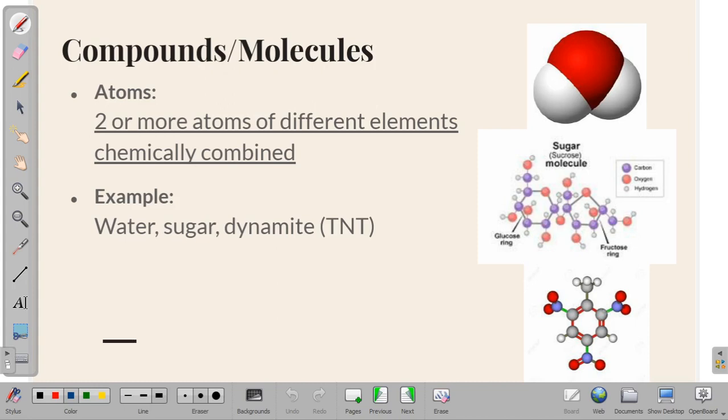And the last one down here. What's that one? TNT, which stands for trinitrotoluene. That's the true name of TNT. Dynamite. So, we start off with oxygen and hydrogen. We have water.